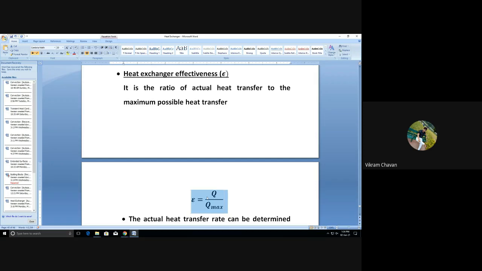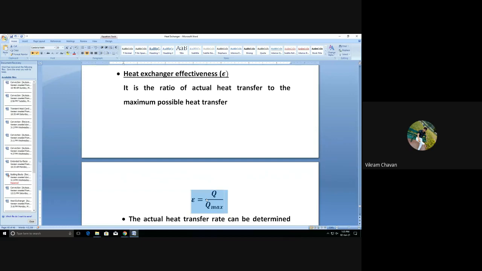That is, m dot c multiplied by CPC multiplied by (TC2 minus TC1), which is equal to m dot h multiplied by CPH multiplied by (TH1 minus TH2). That we can consider as the actual heat transfer rate.